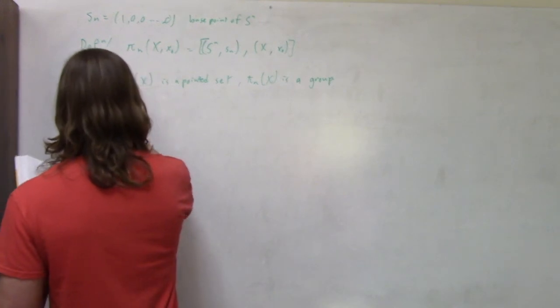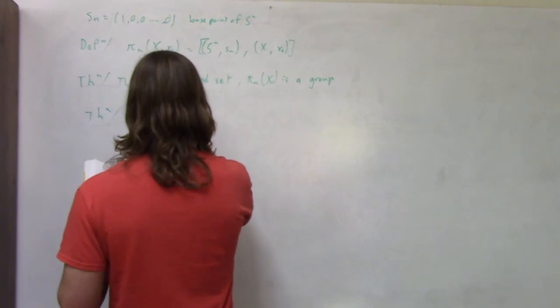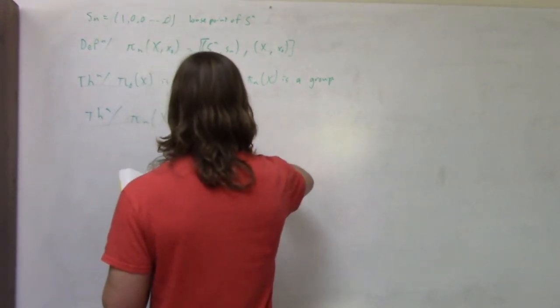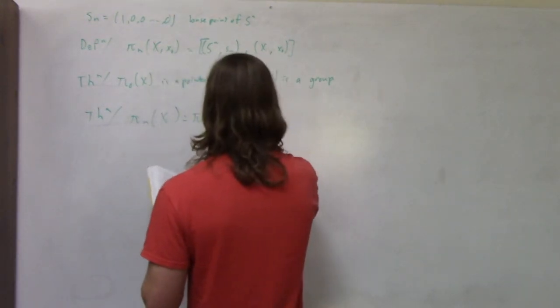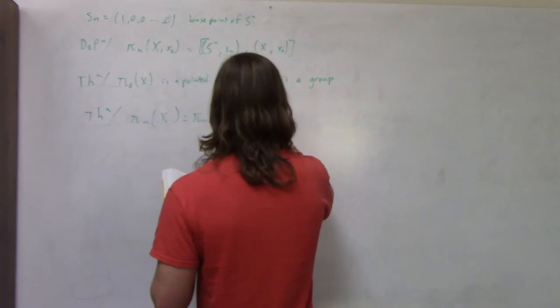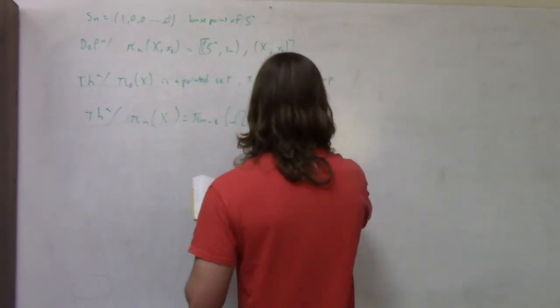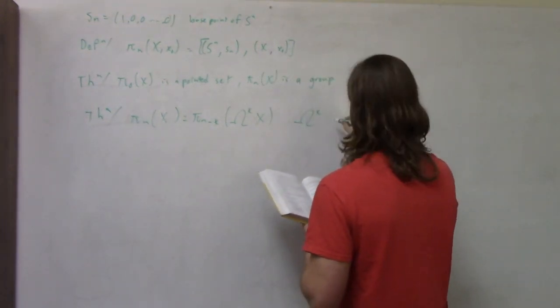So pi n of x is equal to pi n minus k of the loop space of x, where omega k is the composite of omega k times.